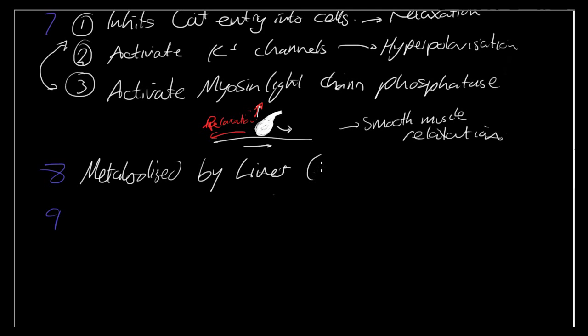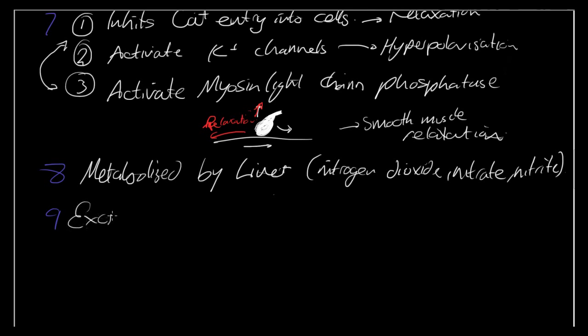So we get things like nitrogen dioxide. A couple of things are a little bit disputed as to what we're going to get, but we're going to get nitrate and nitrite. And then we get rid of these by excretion in the kidneys.